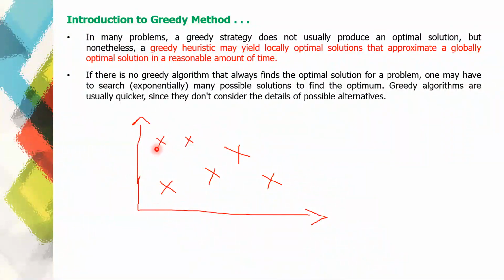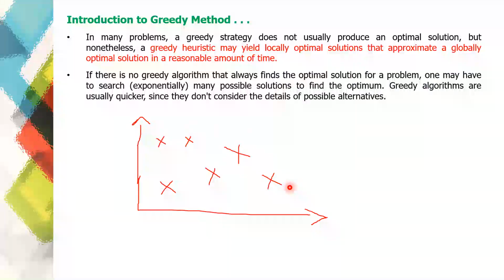I have to compare the efficiency of solution 1 with the efficiency of solution 2, with the efficiency of solution 3. I have to compare the efficiencies of all the solutions. Whichever solution has the best efficiency will be your optimal solution. Now, if I have to find an optimal solution, I'll have to search all the solutions and find the best one. That may take an infinite amount of time, or a large amount of time.